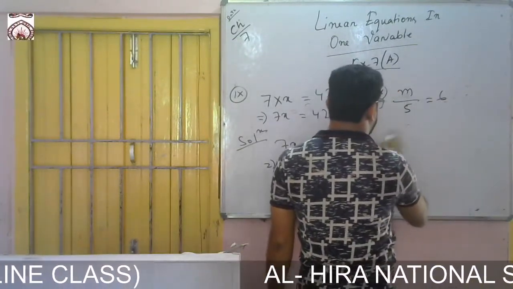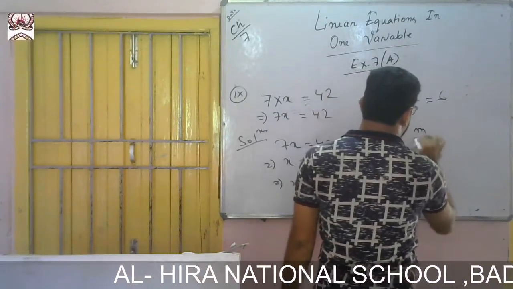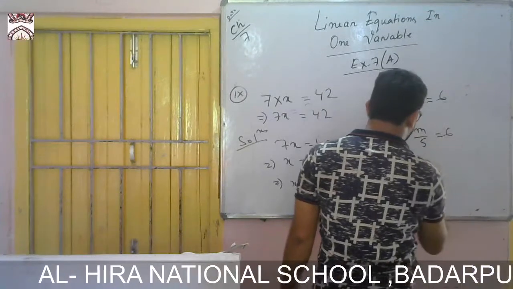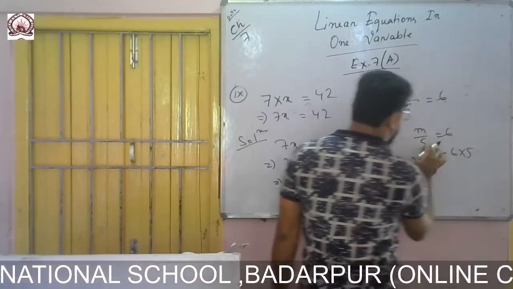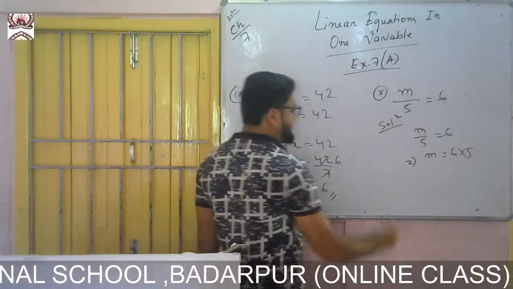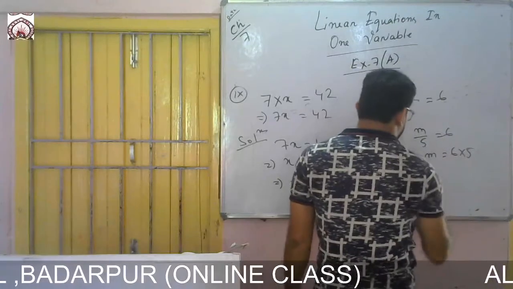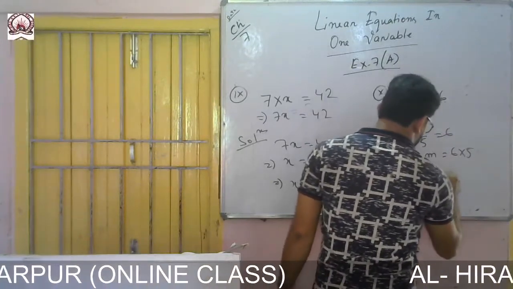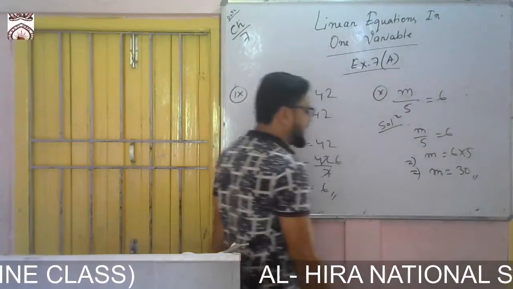So now solution. m by 5 equals 6, then m equals 6 into 5. This will go to the right side by multiplication, since on the left side it is in division. So m equals 6 fives are 30.